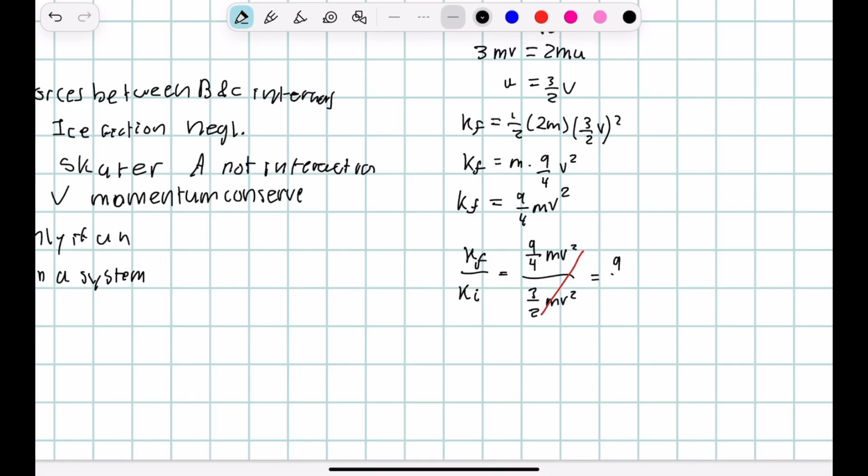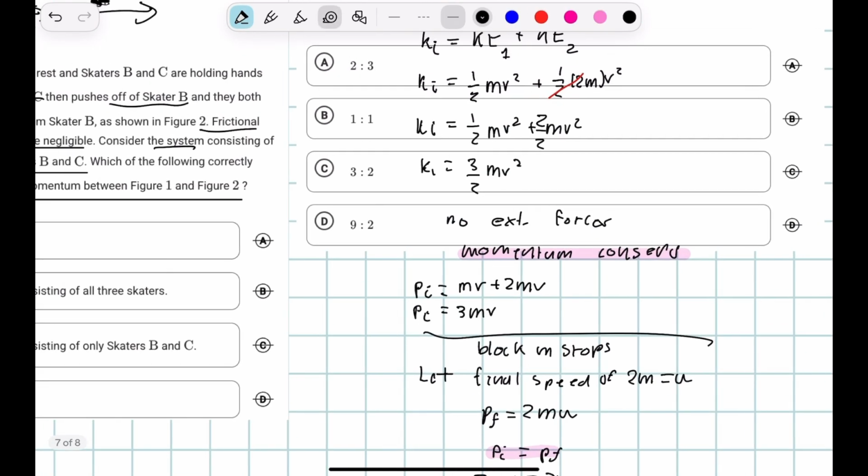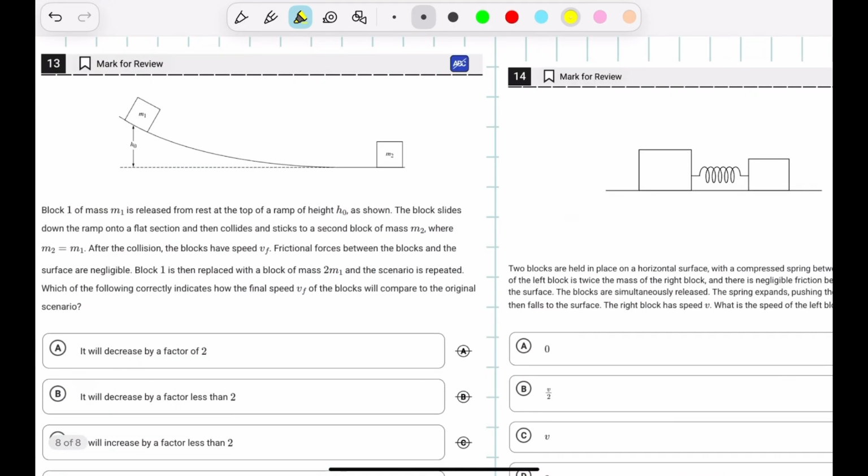You can write this as 9 over 4 times 2 over 3, reciprocal when you divide, and that's going to be 18 over 12. This simplifies to 3 over 2, so the ratio is going to be 3 to 2, and this matches with answer option C. So let's continue on.